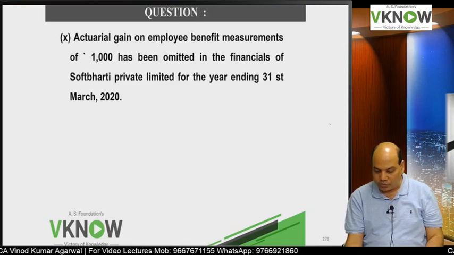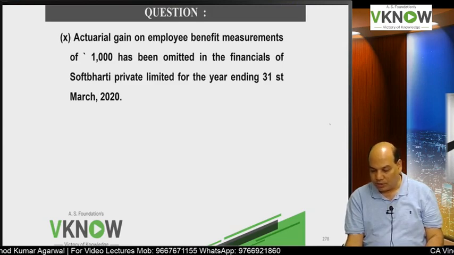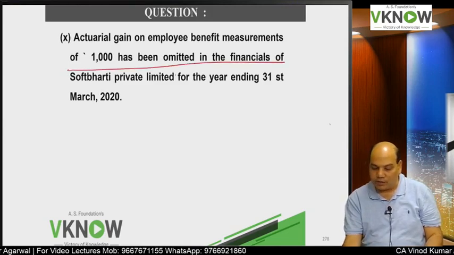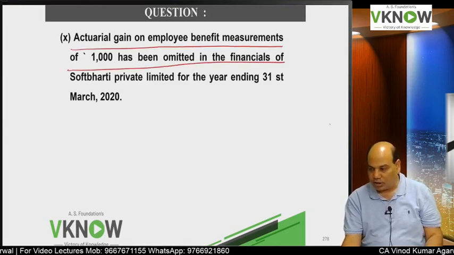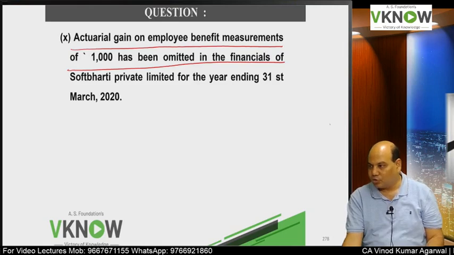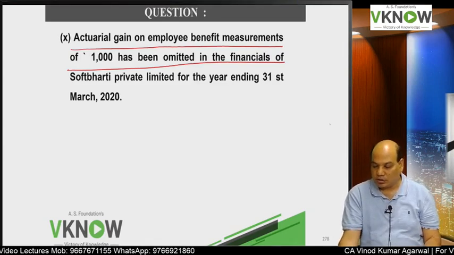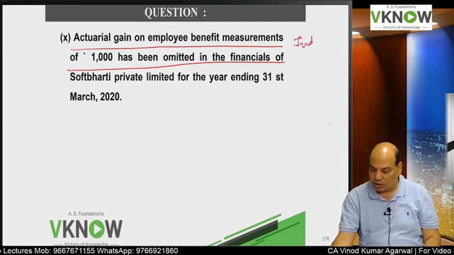Next is actuarial gain on employee benefit measurement of 1,000, which has been omitted in the financial statement. Error of omission. Actuarial gain on employee benefit is something you are going to study in Ind AS 19.